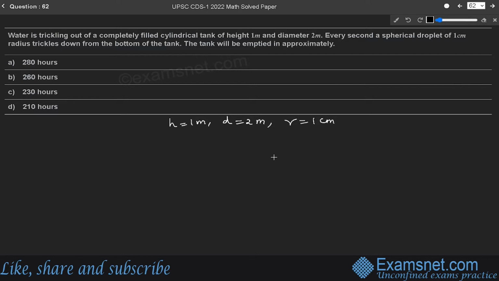And we know that since it is a cylindrical tank, the volume of a cylinder is equal to pi r square h. Putting the values, it will be pi into 1 square into 1, which will be pi cubic meter.